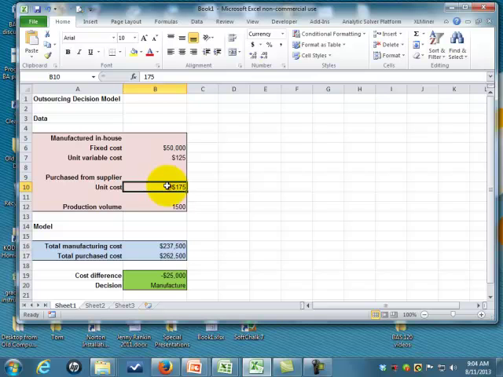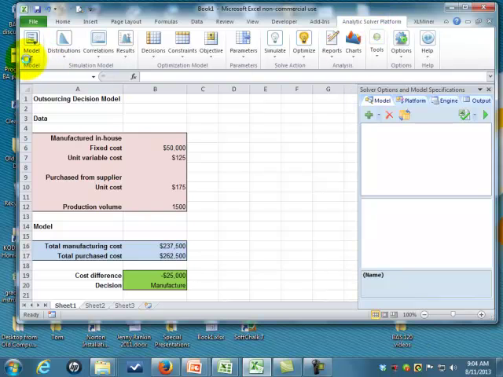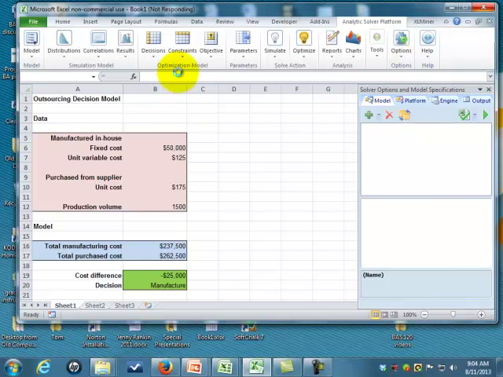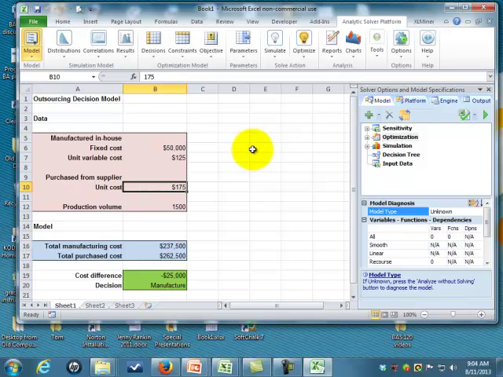Well, this is where, now notice, if we click on our Analytic Solver platform from Frontline, it pulls up a whole menu of different modeling and optimization and solving, all sorts of good stuff.